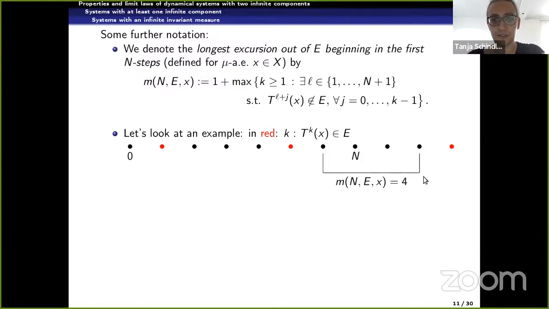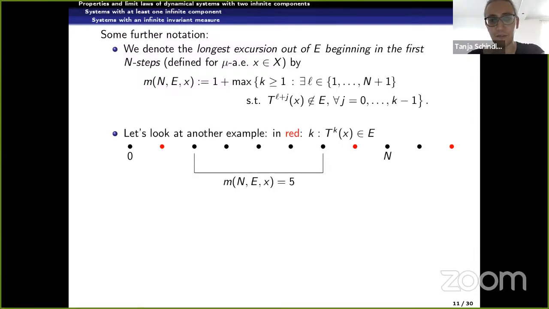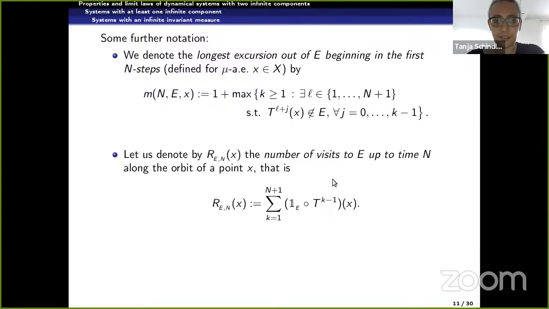And in this case, it would be here the last excursion. But of course, this does not have to happen always in the last excursion. It could also be that we have the picture like this, that we have a very long excursion before n, and then at n we have a very short excursion. And so our m would be, in this case, 5 and sampled very early. And just for completeness, where does this very weird number come from?